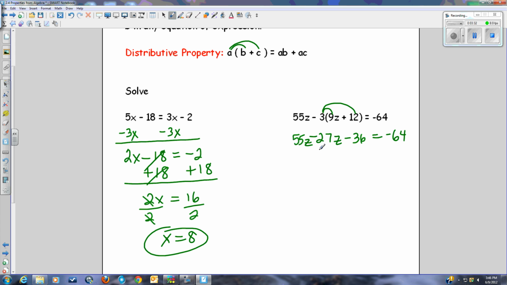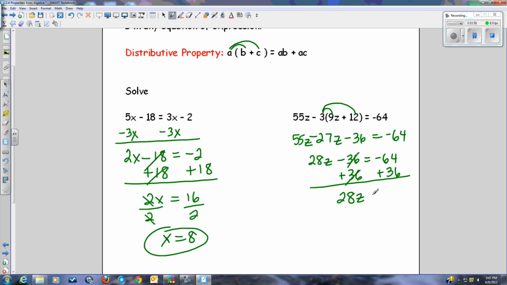We need to combine any like terms that we can on the same side before we start solving. So 55z minus 27z gives you 28z, minus 36 equals negative 64. We want to get z alone by adding 36 to each side. The 36 cancels.